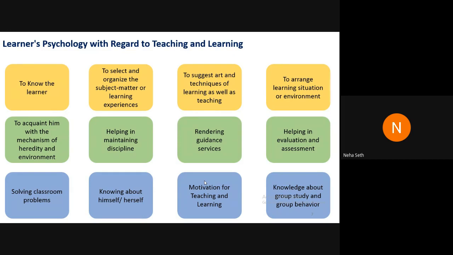But throughout the semester, he has performed pretty well. So as a teacher, I can understand that this student was very good throughout the semester, but there might be some problem at his end because of which he was not able to perform well at the time of the final exam. I can understand this if I understand the psychology, if I know my student during that semester.